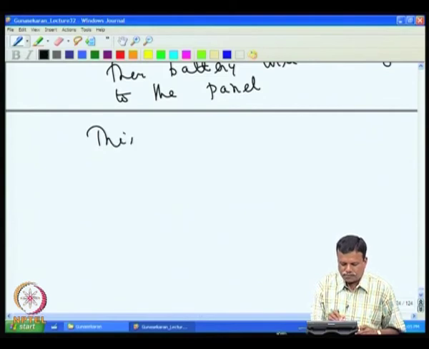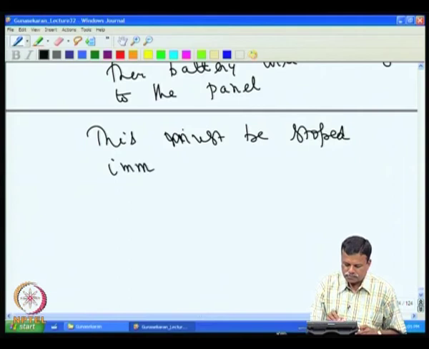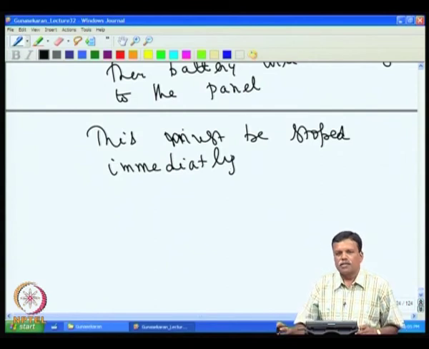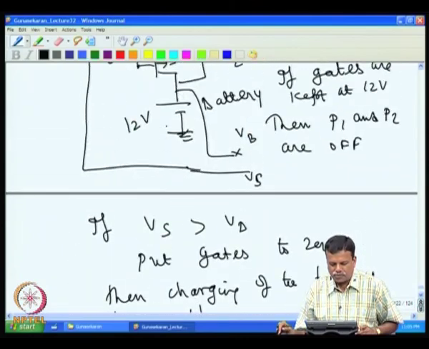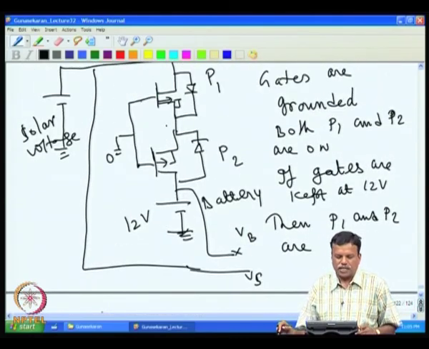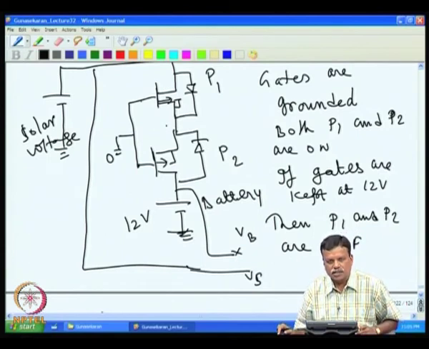This will damage; this must be stopped immediately. That means one has to continuously monitor the battery voltage and the panel voltage, and within a few microseconds, if the panel voltage is lower than the battery voltage, the gates must be kept high, so that P1 and P2 are switched off.